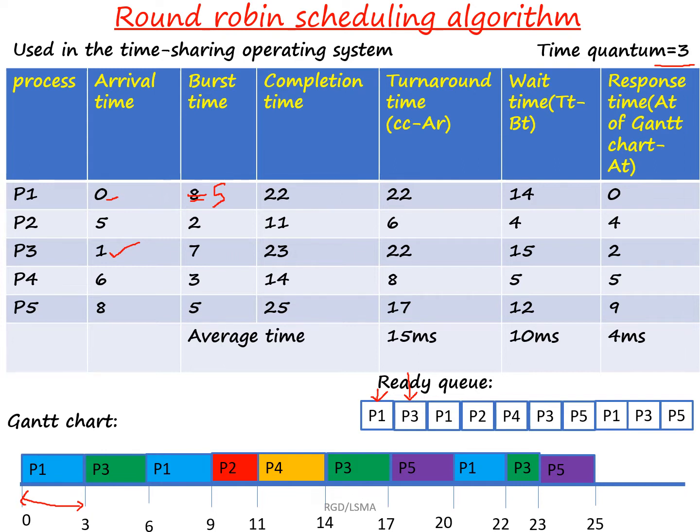The P1 process has to be put back in the ready queue because it has 5 more units to complete its execution. So I can call the P3 process to the CPU for scheduling, and the P3 process will execute 3 units of time, and the P1 process is preempted with the remaining value taken as 5. There are 5 more units to complete the execution of the P1 process.